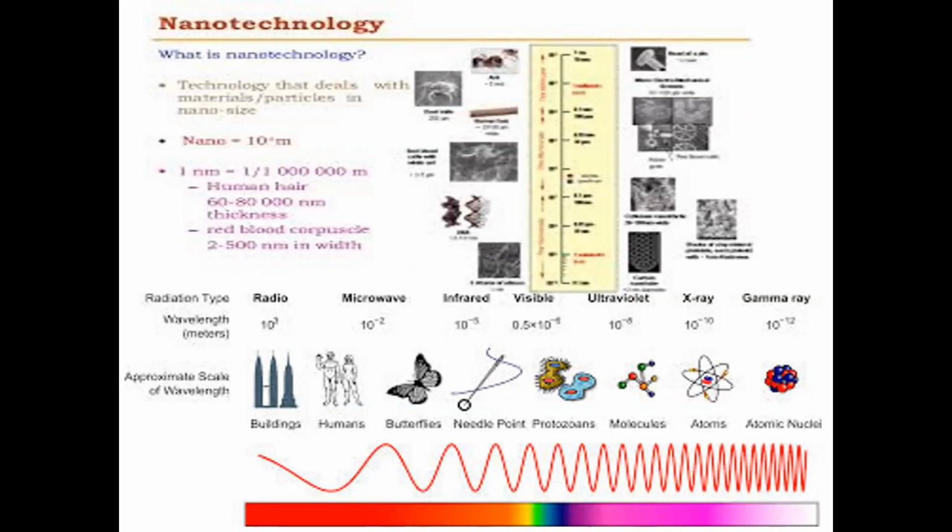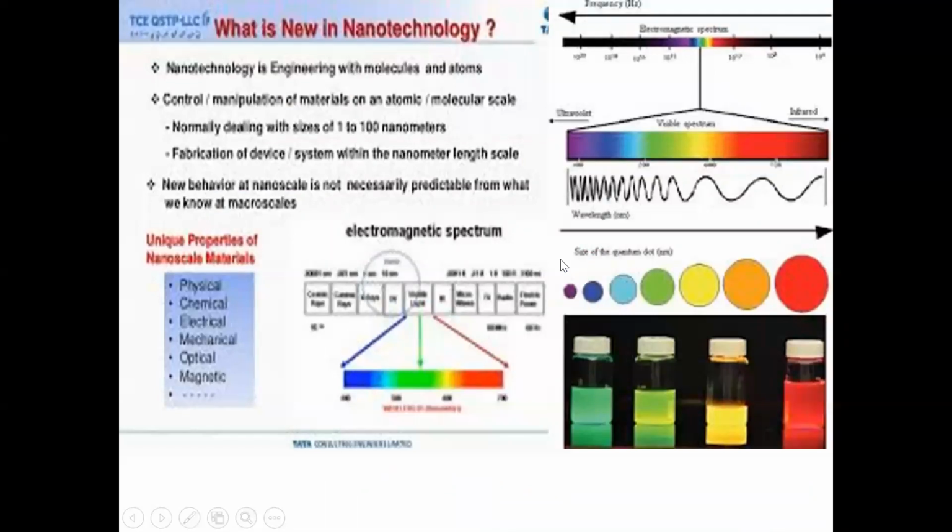And a red blood corpuscle is 2 to 500 nanometer in width. Red blood corpuscles are the cells present in a human being. So this kind of size plays an important role in nanotechnology.